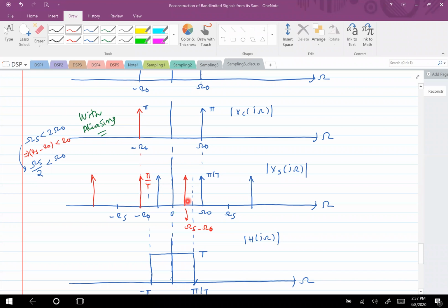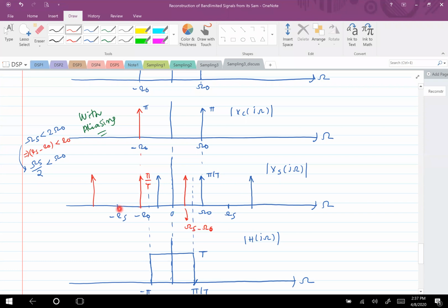So this copy, where the left side is indicated by red and the right side copy is indicated by blue, would come here. Okay, and then where will that come? This width is omega naught, correct? And this is anyway omega s. So this distance would be omega s minus omega naught.